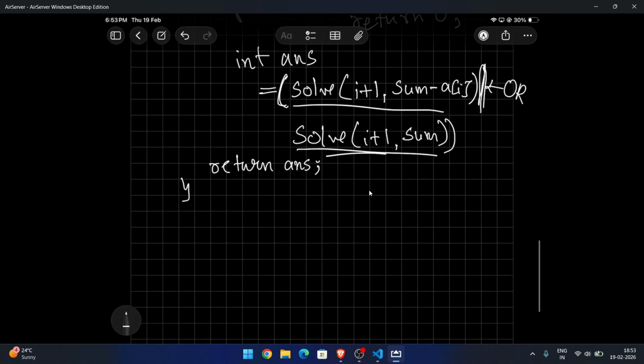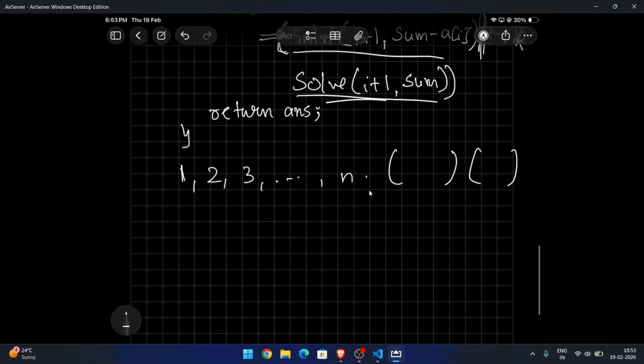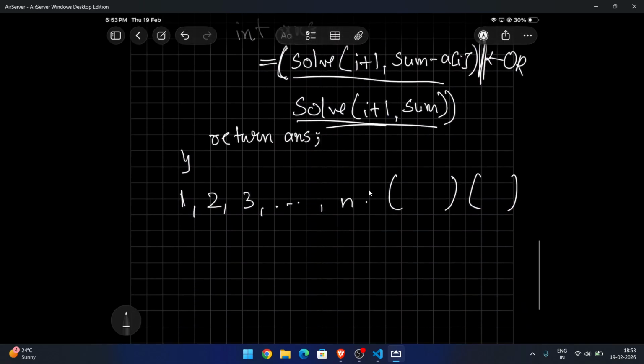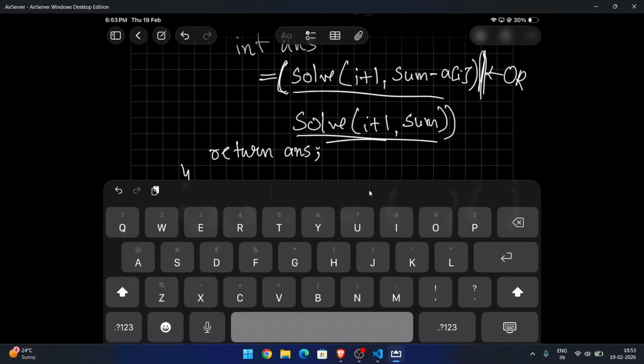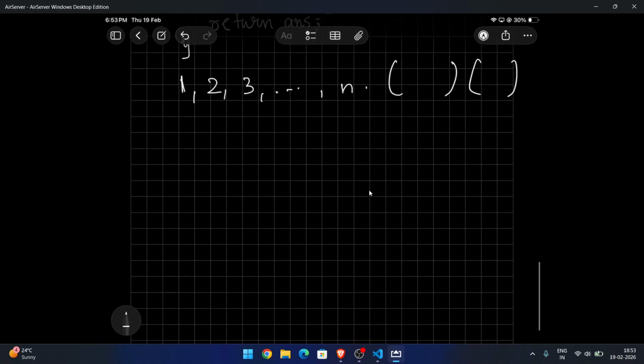Our question says we have numbers 1, 2, and so on up to n, and we have to divide them into two equal sum parts. Okay, so if we try to modify it to our previous question, then the array which we are given here is 1 to n.